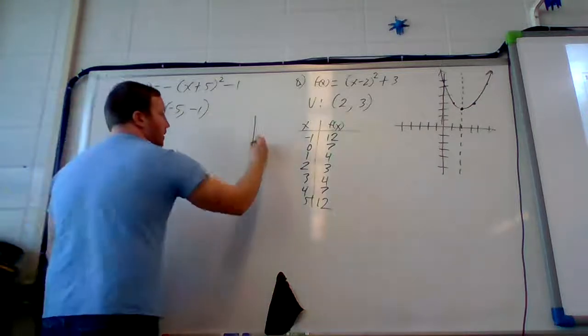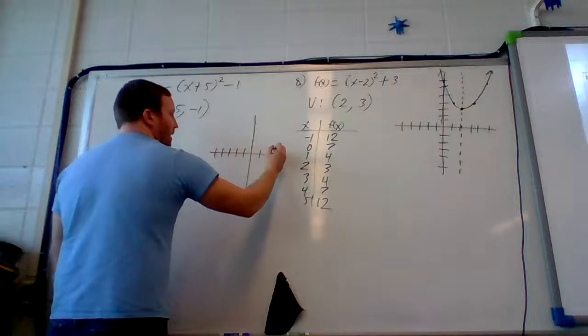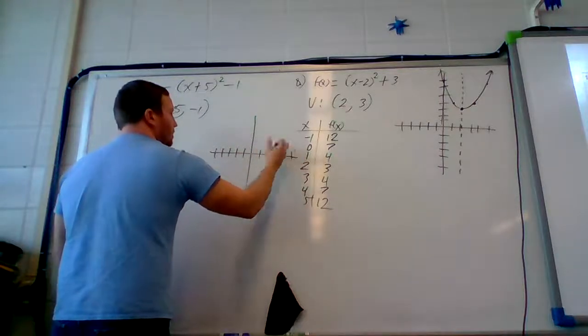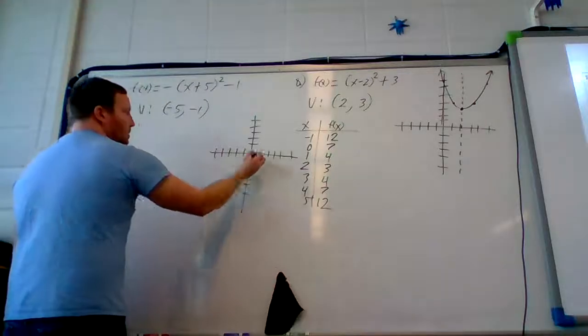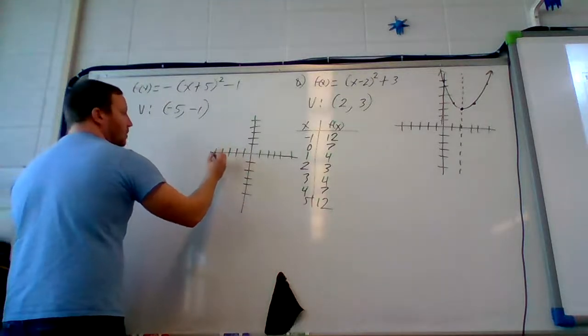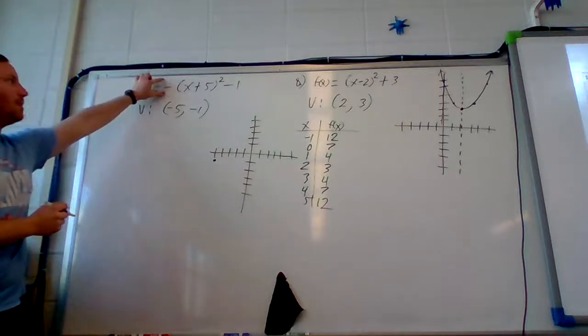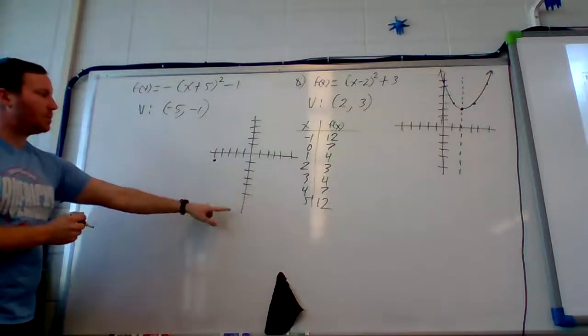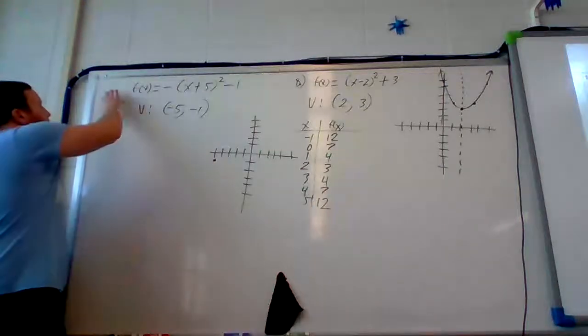So we can go ahead and put our vertex on our graph. So -5, -1. There's our vertex. I know I'm going to open down because we have that negative a value. So I'm not going to have any x-intercepts in this case, so there is no solution to our equation.